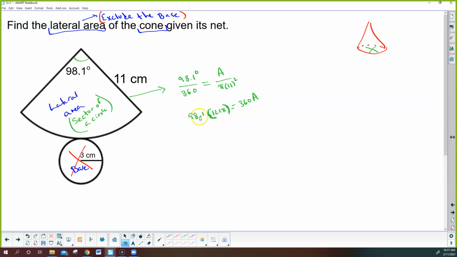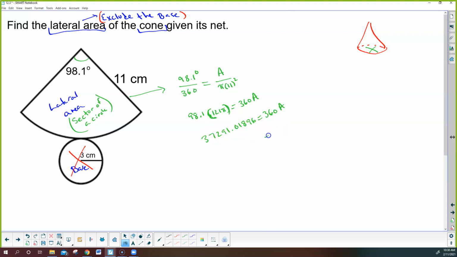So when I multiply 98.1 times 121 pi, I get a pretty big number. And that's equal to 360 times A.